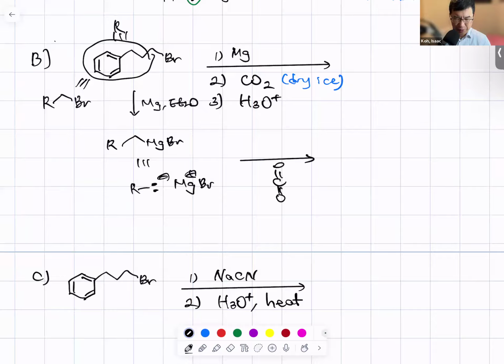In carbon dioxide, the carbon is highly electron deficient. So this carbanion will have nucleophilic attack and push the pi bond up to this oxygen, forming a carboxylate ion. This carboxylate ion has one carbon extended.